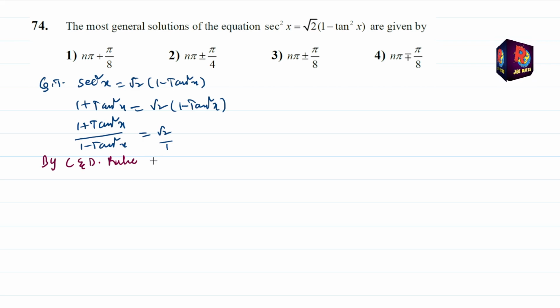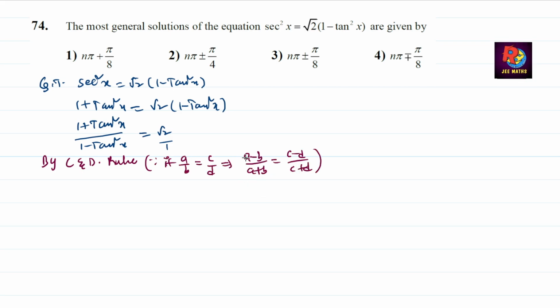By applying the componendo dividendo rule, that is, if a by b equals c by d, we can write not only like this, we can also write plus and minus of numerator and denominator. You can also reciprocate this value, no issues. So if I write like that, first we subtract: 1 cancels, 2 tan square x by 2 equals root 2 minus 1 by root 2 plus 1.